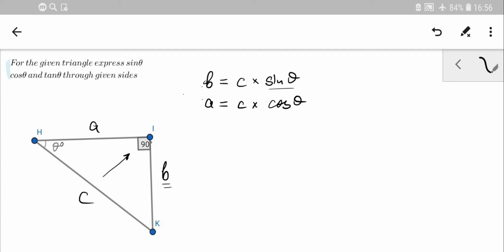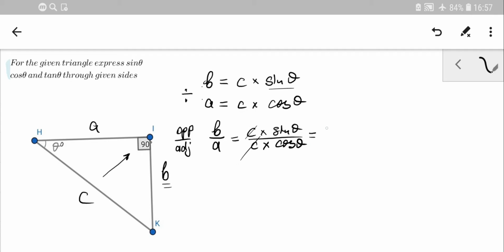Okay, now what if we divide B over A? We get opposite to adjacent, and this by definition is tangent of this angle. So we've got C times sine theta divided by C times cosine theta. Look what happens: C is cancelled out, and you're left with sine theta over cosine theta, which by definition is tangent. By the way, in the previous video I never mentioned cotangent.